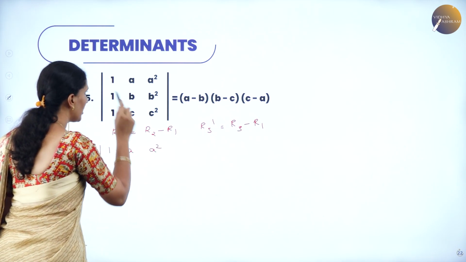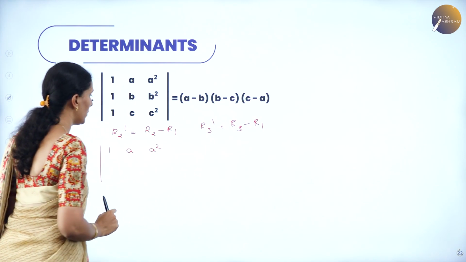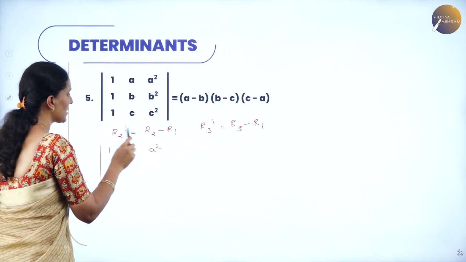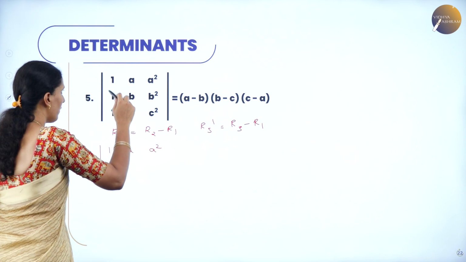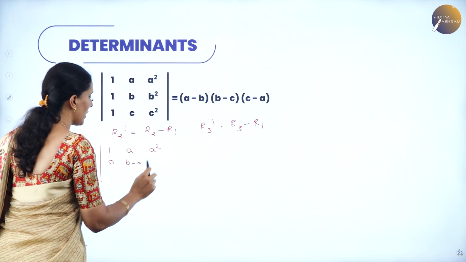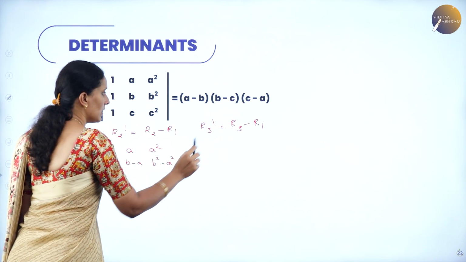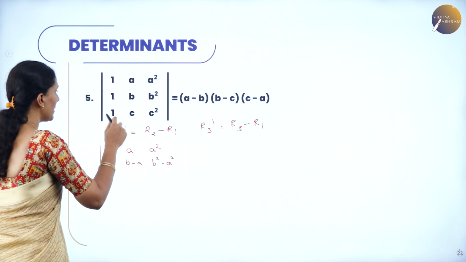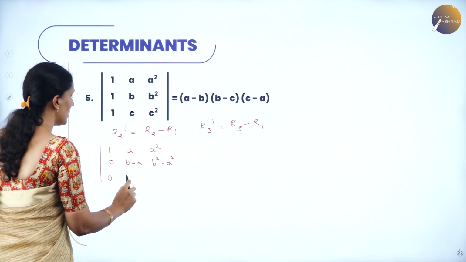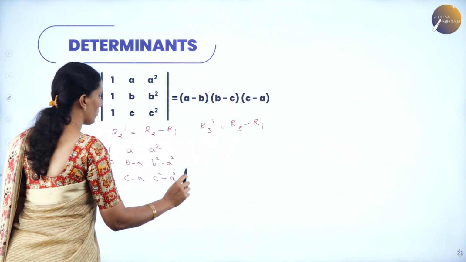We are not affecting the first row, we are only changing the second row and third row. So our second row elements must be written as R2 minus R1. 1 minus 1, 0. b minus a, b square minus a square it becomes. Similarly here R3 minus R1 means 1 minus 1, 0. c minus a, c square minus a square.